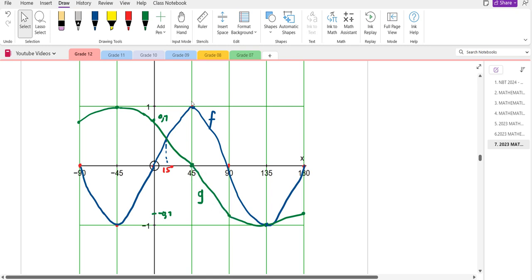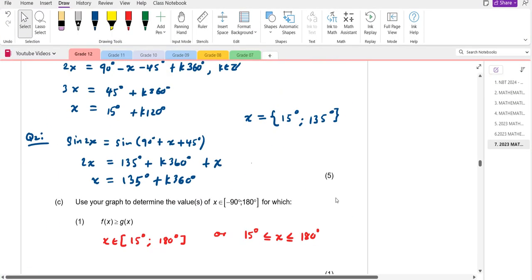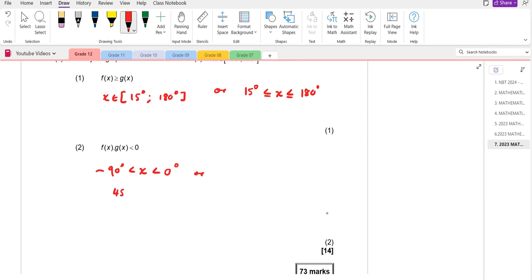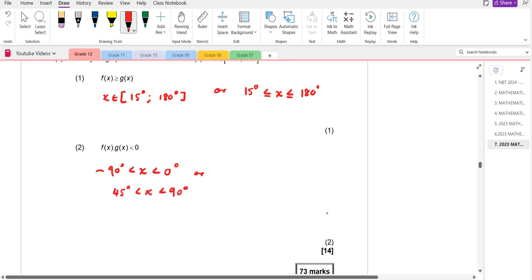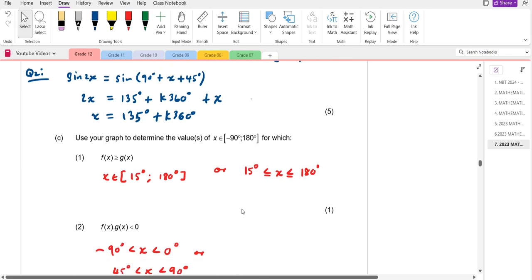So from 45 to 90. Next solution is from 45 to 90, or 45 degrees to 90 degrees. Right, and I think these two should be my answer. Alright, so I hope you understood that. Moving on to the next question.